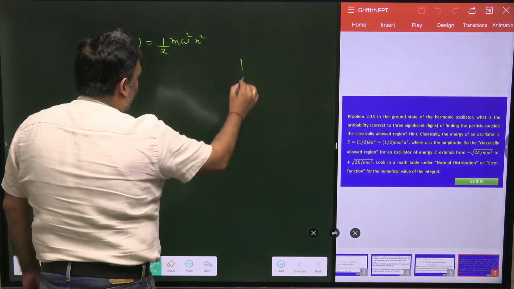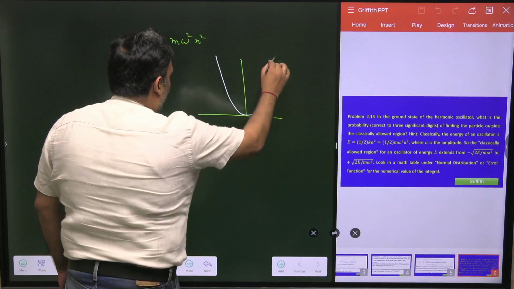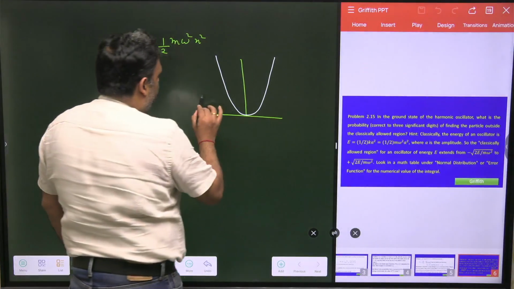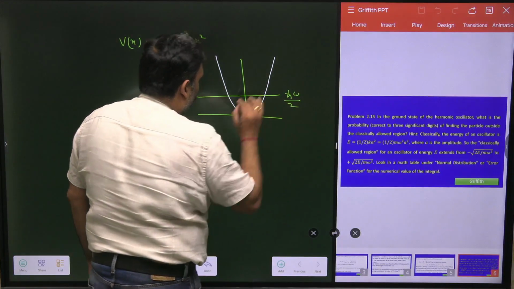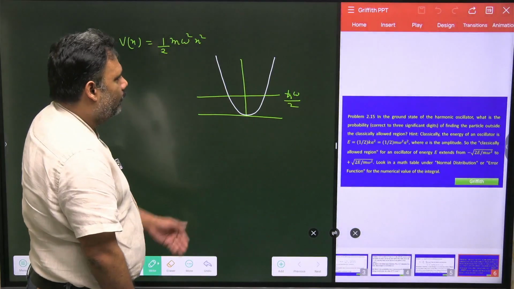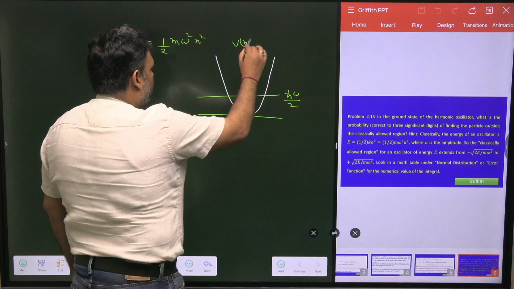If we are talking about this potential, then it is parabolic in nature, and the ground state energy E is equal to h cut omega by 2. And this is my V(x) versus x.